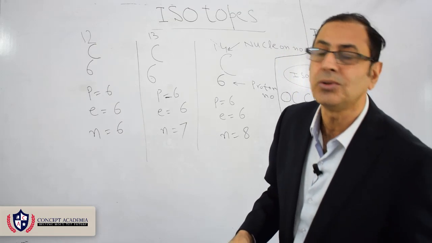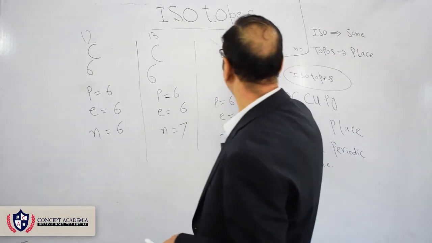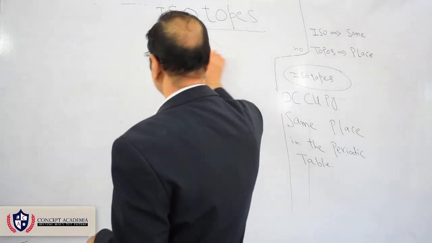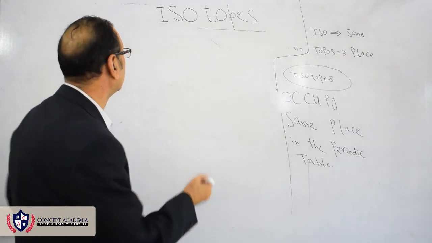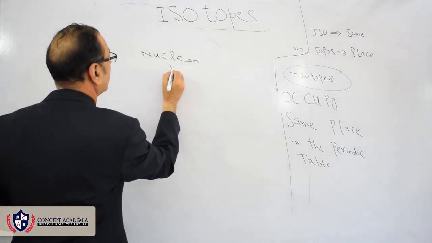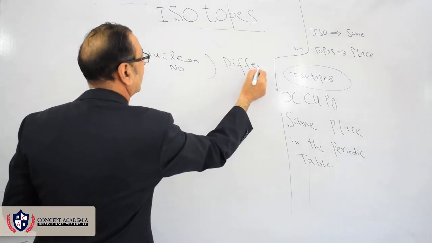So I would like to give you further explanation. In isotopes, the nucleon numbers are different.